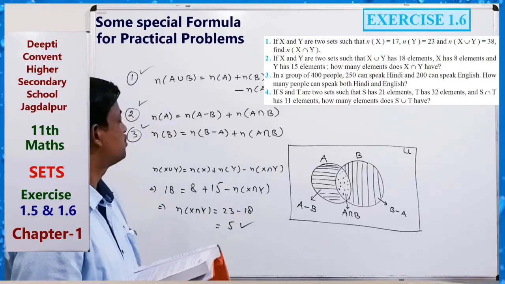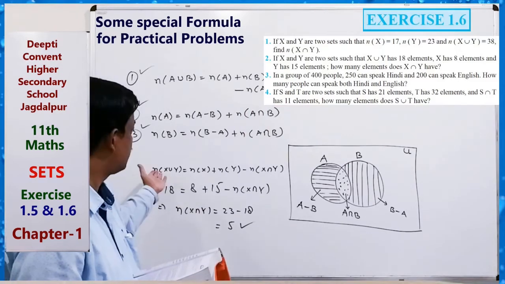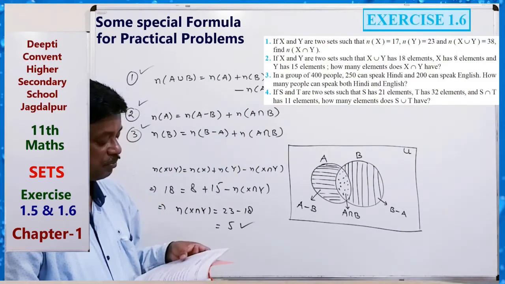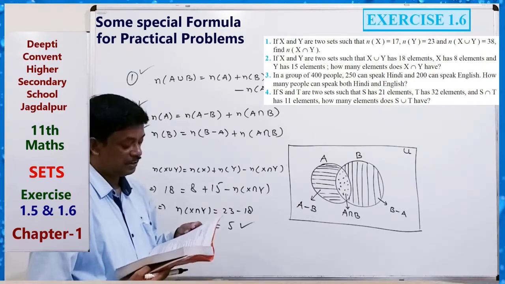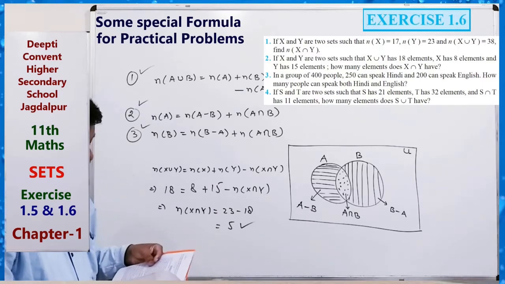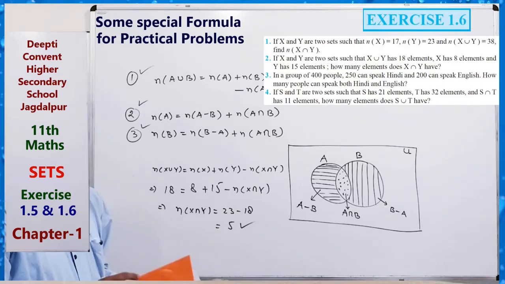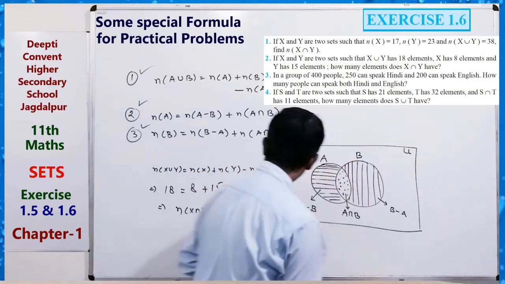Suppose H denotes the number of people who can speak Hindi and E for English. So here the group of 400 people is the union value. Okay.